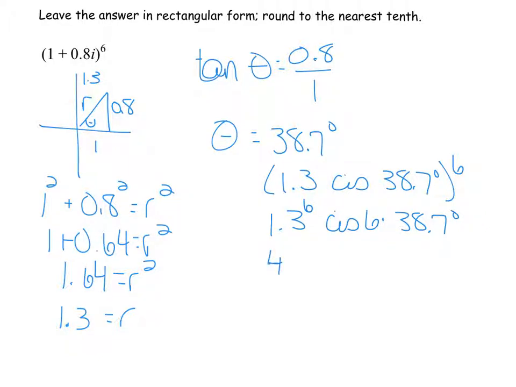I'm rounding. And then 6 times 38.7 degrees is 232.2 degrees. That is less than 360, so I don't have to do anything to fix it. Now, I'm good. I've used the theorem. I'm all good, except the instructions say to leave it in rectangular form.